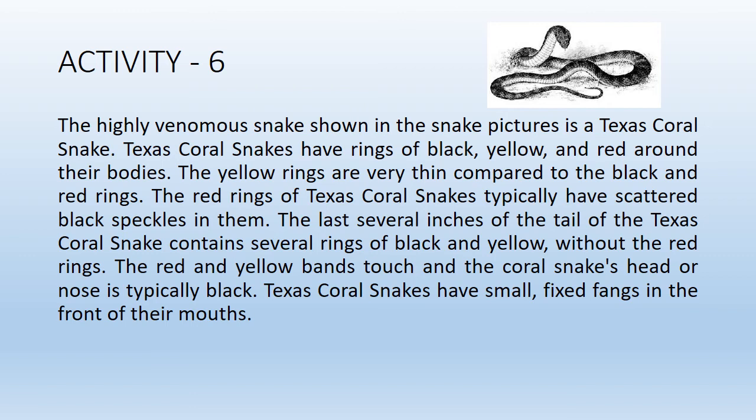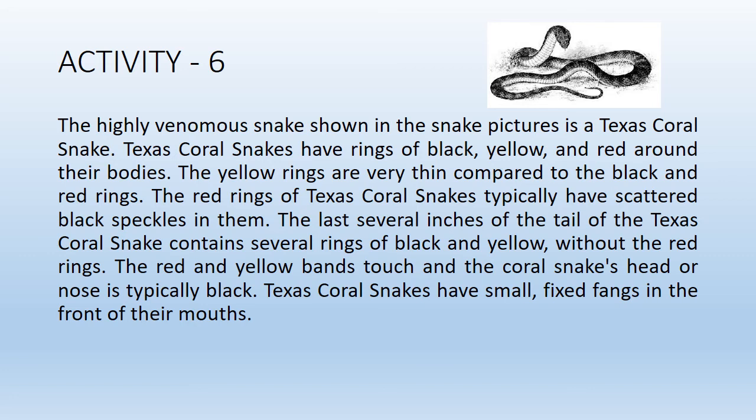The last several inches of the tail of the Texas coral snake contains several rings of black and yellow without the red rings. So in the end, the red color is not there. And the red and yellow bands touch. And the coral snake's head or nose is typically black. The head portion or that nose portion is typically black, and it has small fixed fangs.